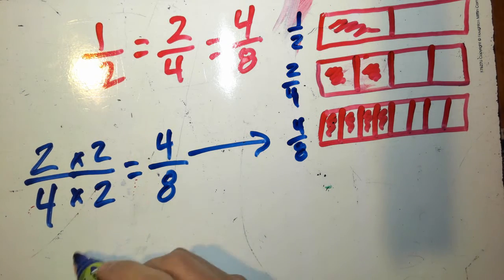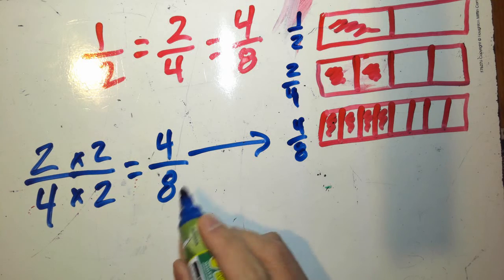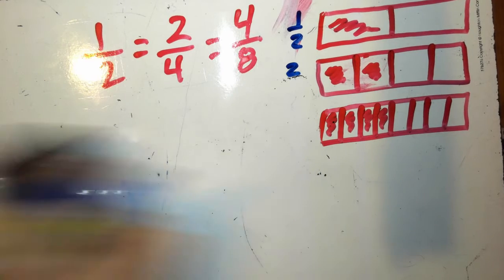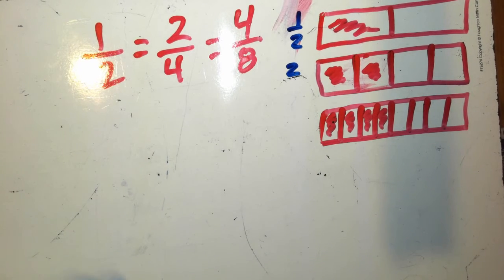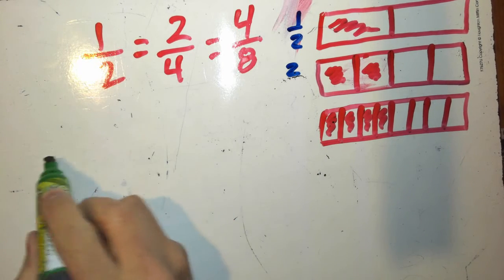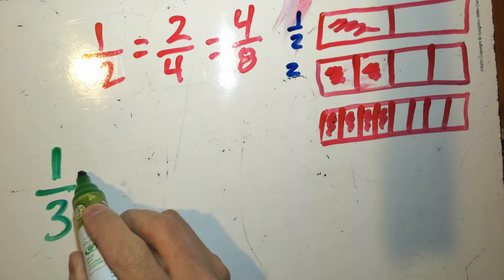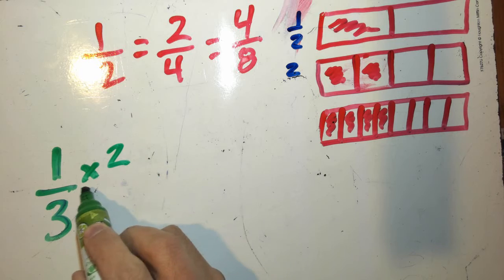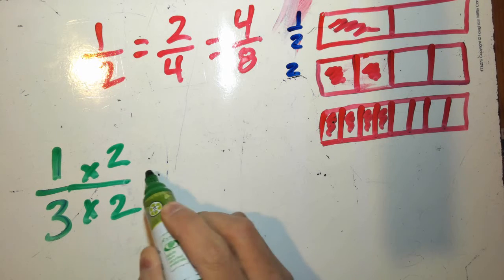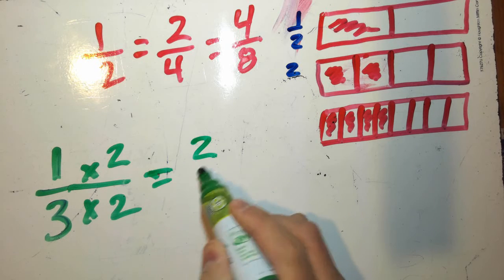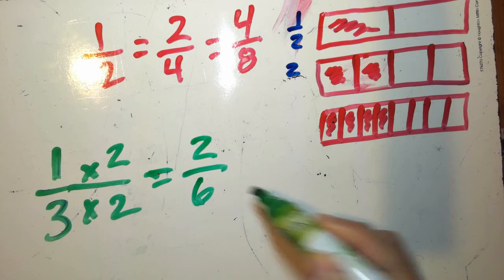So we can do these with any number of fractions. Let's do another one here. We'll do this one in green. We'll go 1/3, and then we will multiply it by 2. And whatever we do to the top, we do to the bottom. And then 1 times 2 is 2, and 3 times 2 is 6.